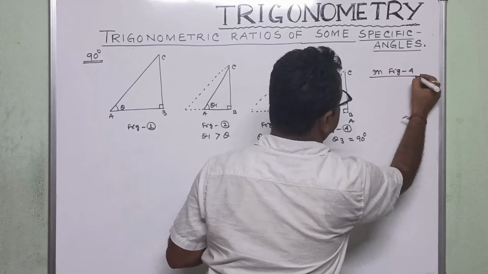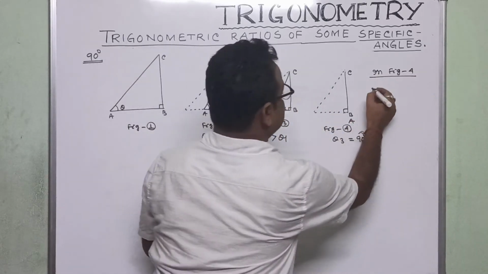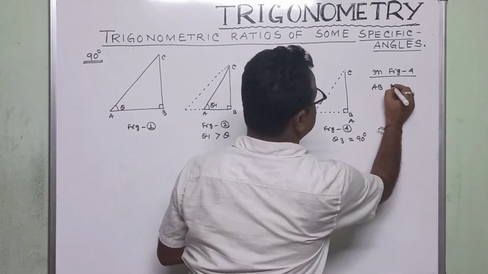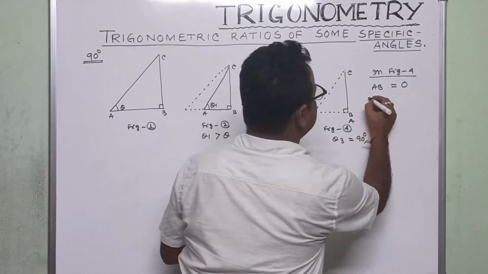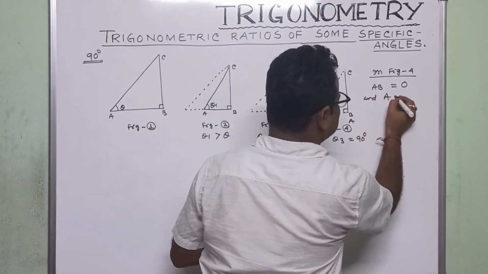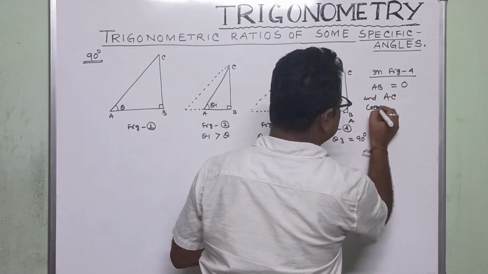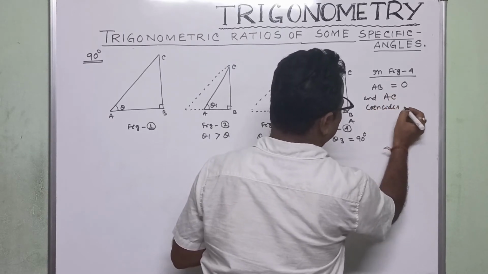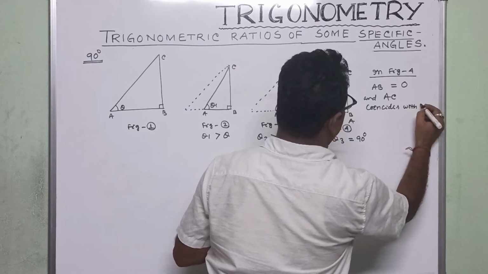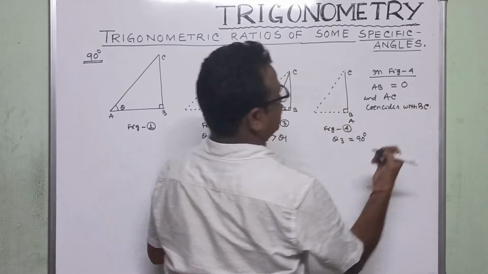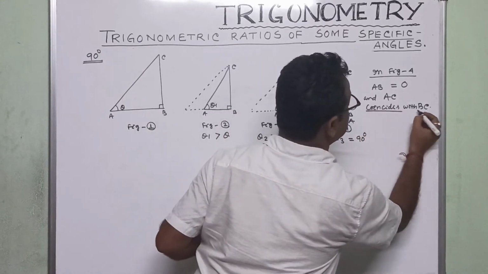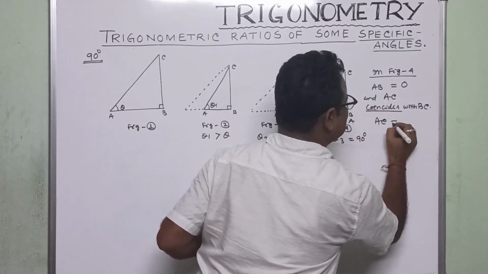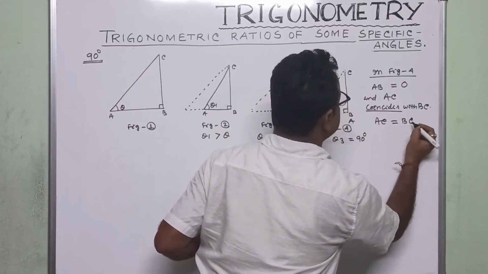Now in figure 4, what happened? AB is equal to 0, and AC coincides with BC. So AC is equal to BC.